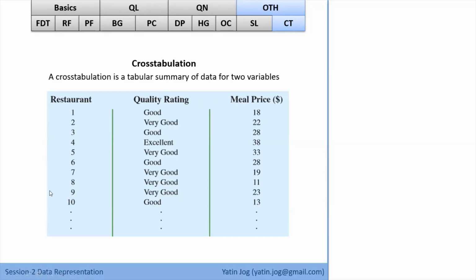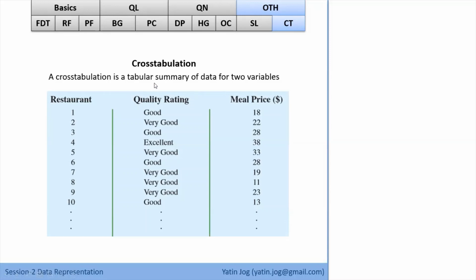So likewise, I'm visiting maybe 300 restaurants. I am considering two variables for each restaurant. One is quality rating and second is meal price. So quality rating is my first variable and meal price is my second variable, which I am noting down as data points for each restaurant out of 300 restaurants.